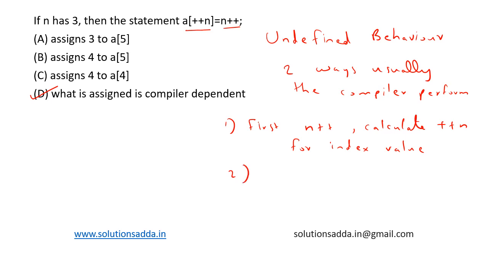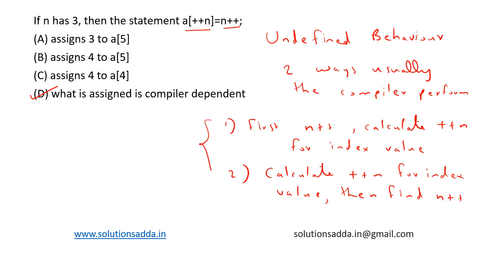The second method is calculate ++n for the index value and then find n++. So this is actually compiler dependent. So the correct answer is option D.